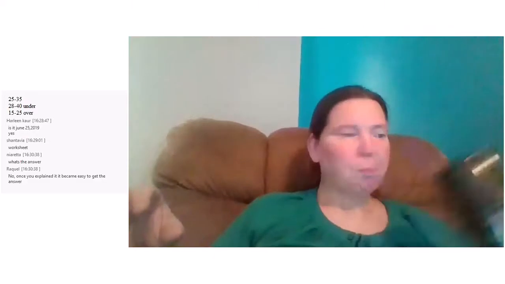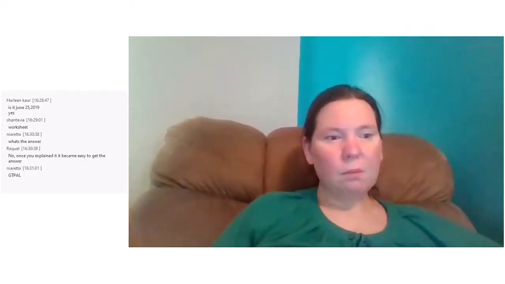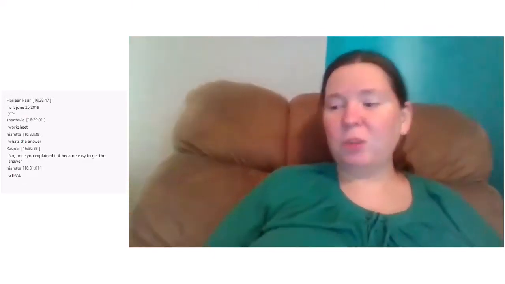Nairetta, are you talking about the answer to the Naegele's rule? It's June 25th, 2019. Oh, to that one, the answers you should have gotten were 5, 1, 2, 1, 3.